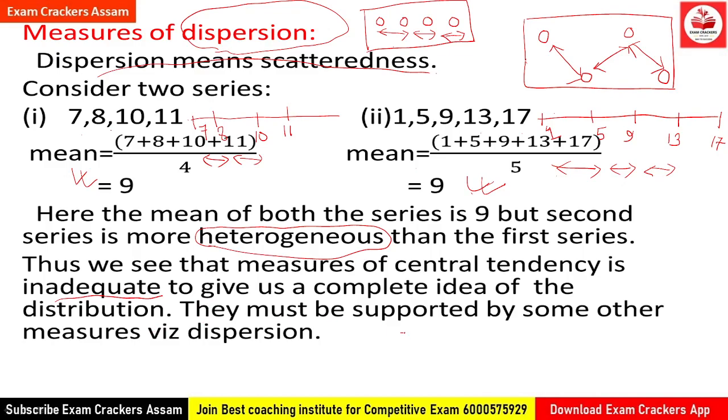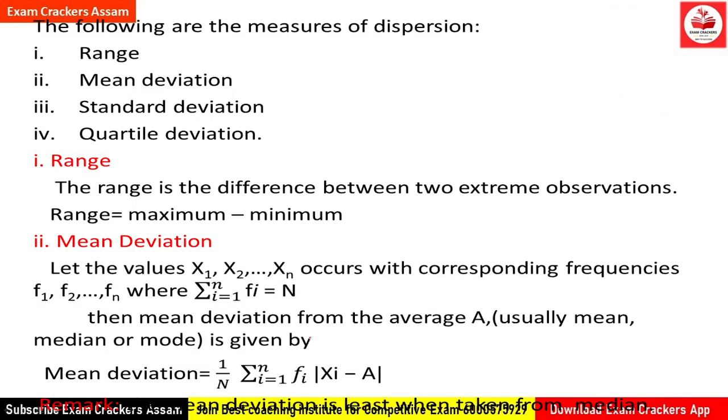They must be supported by some other measures, namely dispersion. Now I think you have understood why measures of dispersion are important to study. So mainly there are 4 different measures of dispersion: range, mean deviation, standard deviation, quartile deviation.